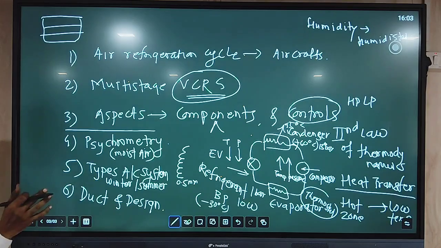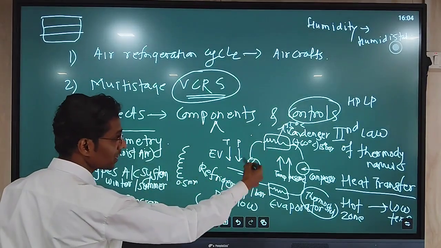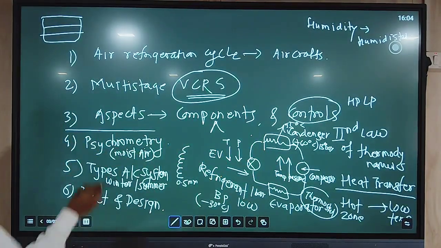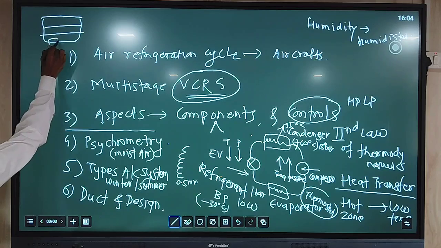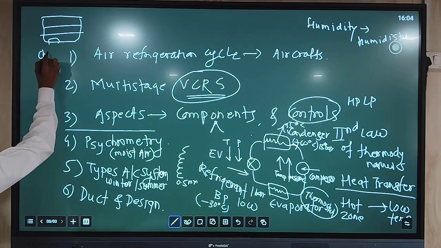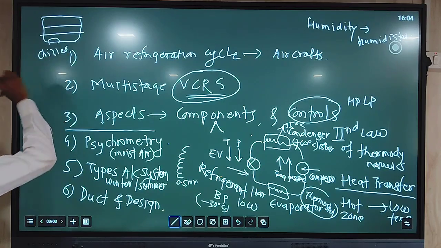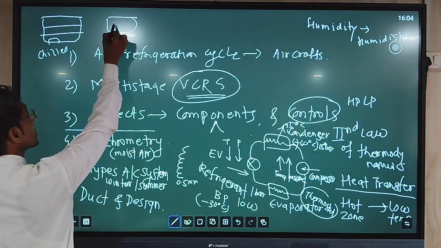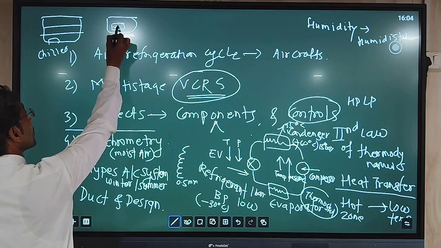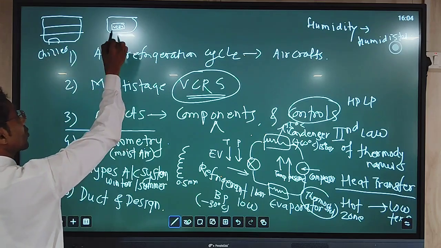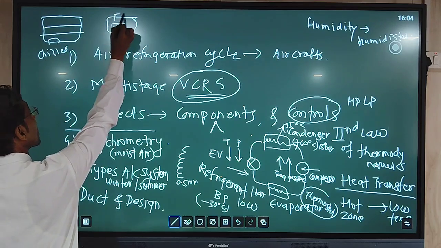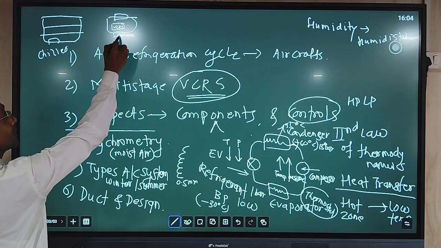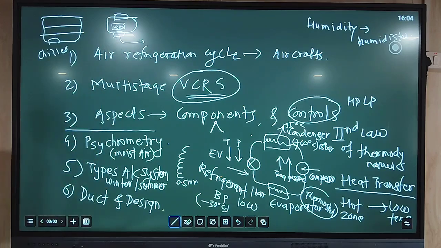That component, a combination of all these plus heat transfer units, is located at the basement, and we call it a chiller. A chiller is a device with a VCRS unit at the center and heat exchangers on both sides.